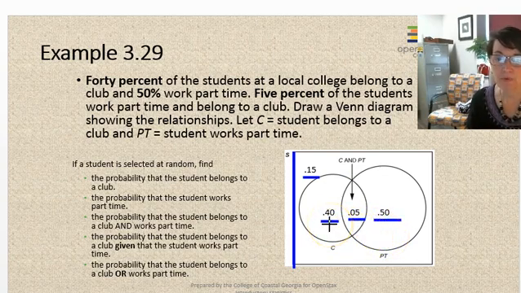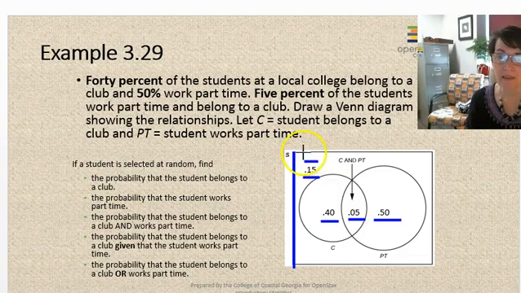So if I add up the 40% and the 50%, I get 90%. Subtract the 5%, I get 85. I need 15 more percent to complete my population. So 15% don't do either of these events, the club or the work part-time.